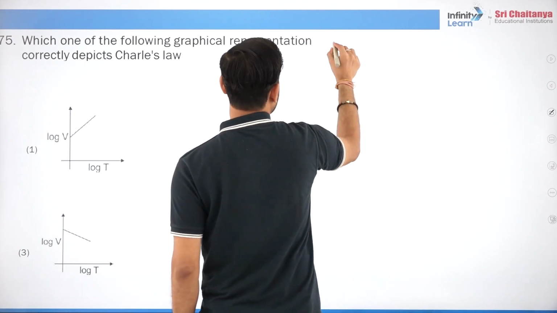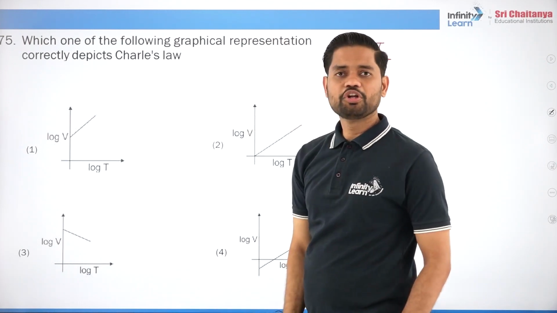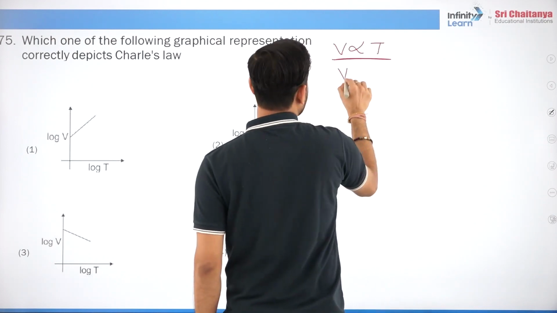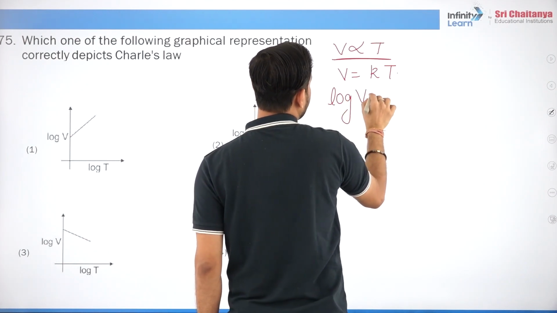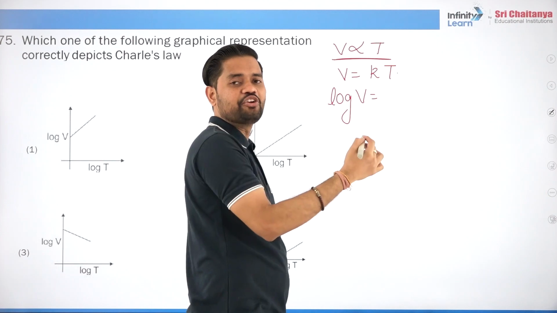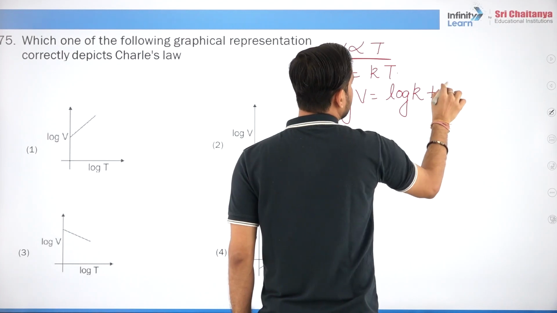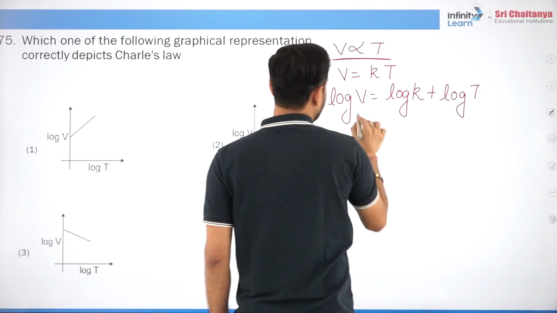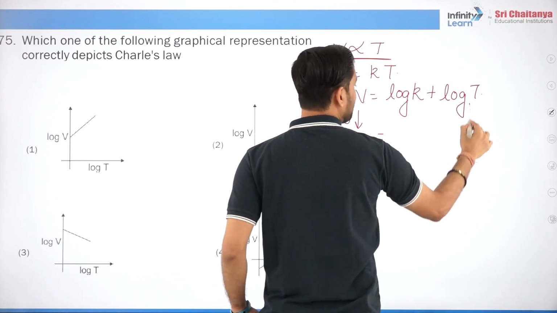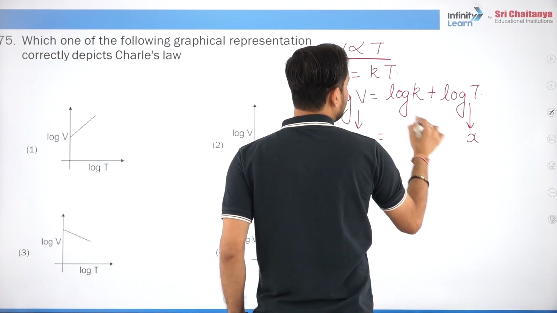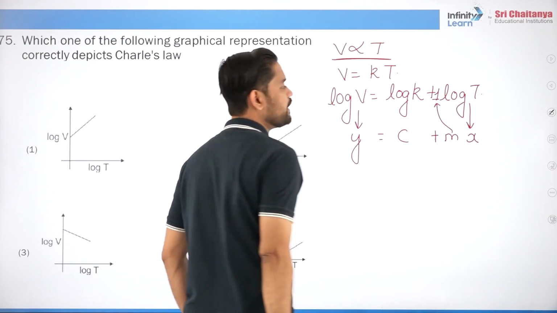Charles law says volume is directly proportional to temperature, so V is equal to K times T. If I take log on both sides, log of a into b is log of a plus log of b, so this is log of k plus log of T. It implies the y axis is log V and the x axis is log T, where log k is a constant and the slope is 1.